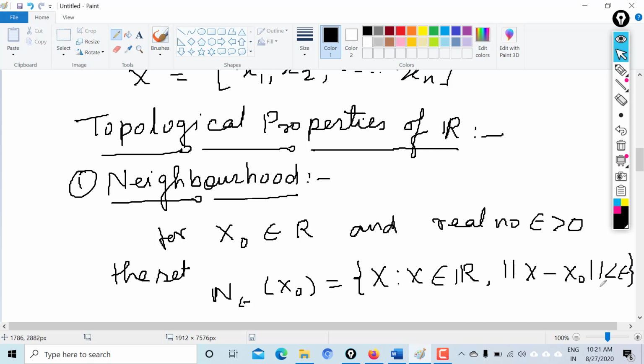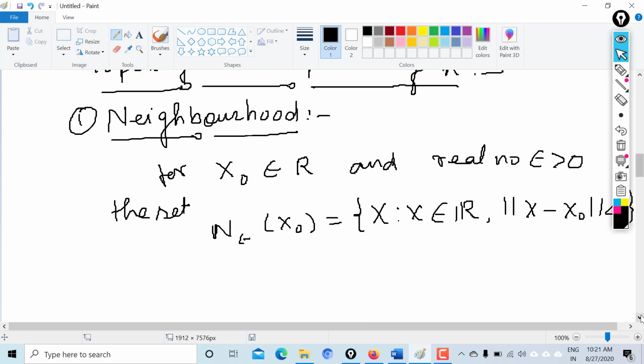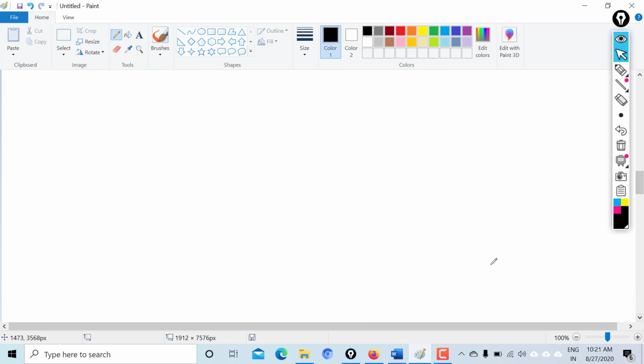In that case we can say that x and x0 are neighborhood elements.